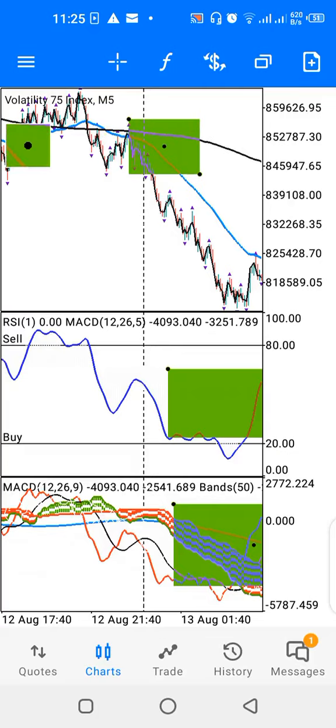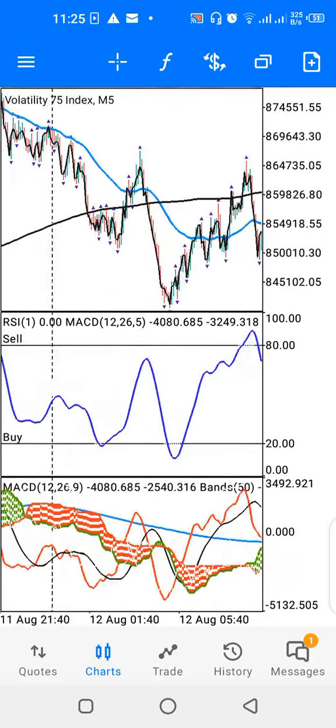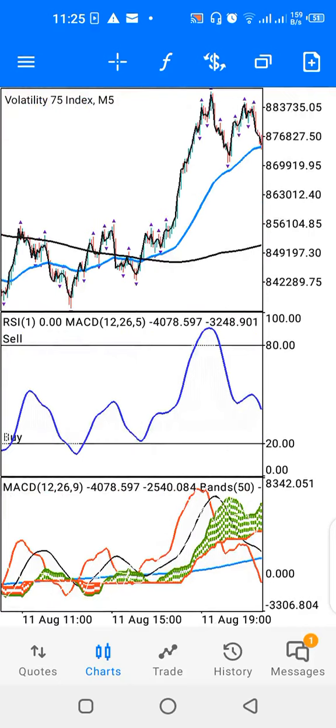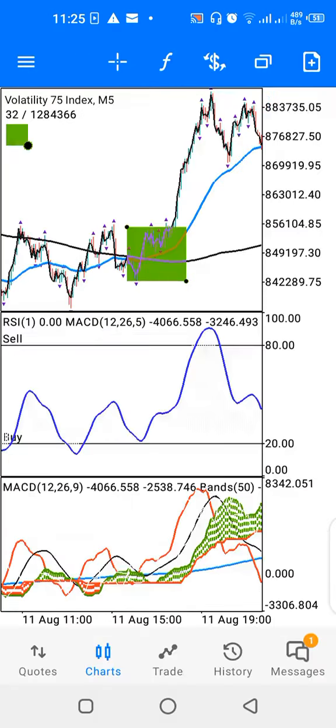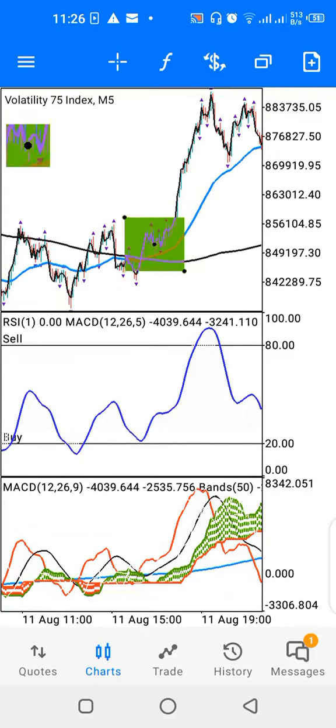The reverse is the case for a buy trade. Like here, I take my buy trade, I go long here, where the blue line crosses above the black line on the 5 minutes time frame. Then I also have my Bollinger Bands crossing above the blue line. That's my buy entry.